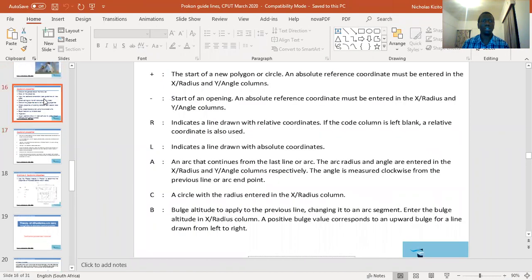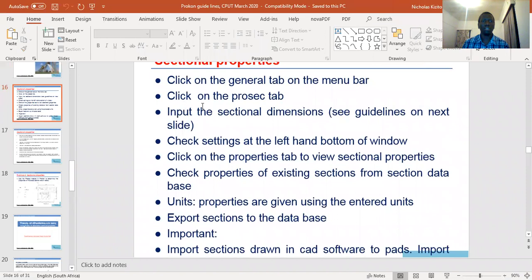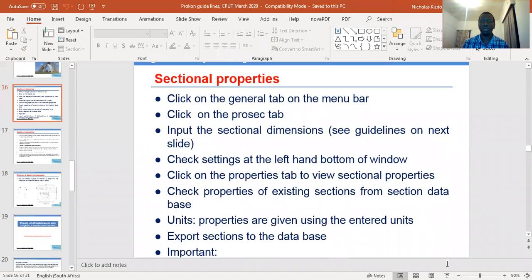These are the guidelines to determine section properties of a polygon. Whatever is in this slide here is what I'm going to do using that example, and so we'll not revert to this slide.